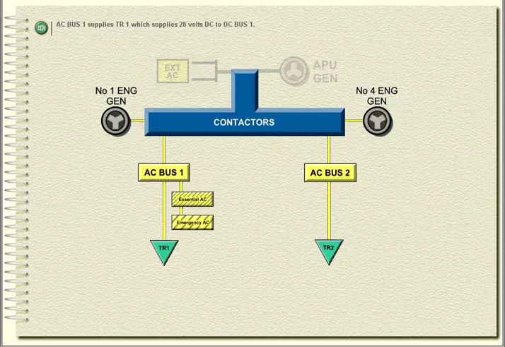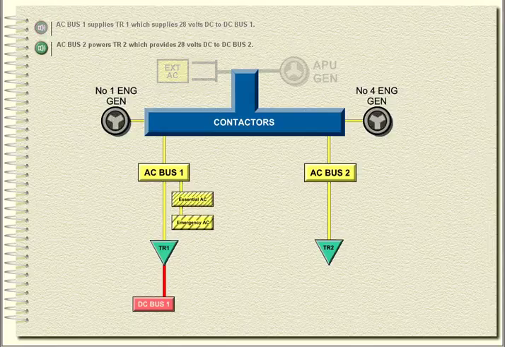AC bus 1 supplies TR1, which supplies 28 volts DC to DC bus 1. AC bus 2 powers TR2, which provides 28 volts DC to DC bus 2.